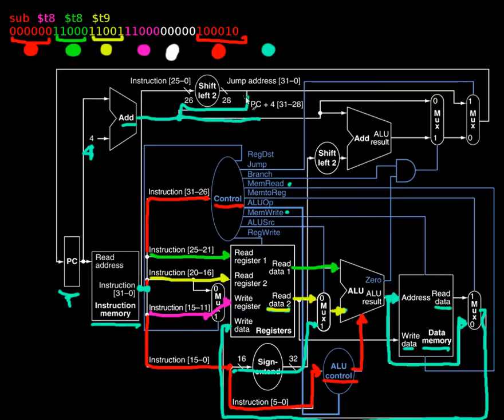By the way, this branch is not going to matter too much. We'll just follow this one. Our jump and our branch, by the way, are going to be set to 0. So this value is going to come up here. Again, it'll get past this ALU result, but we won't be using this.